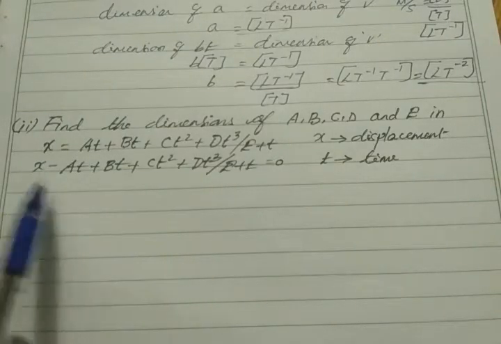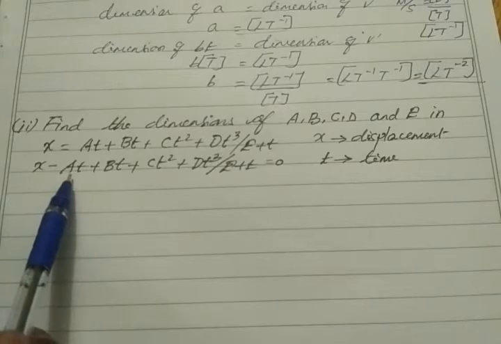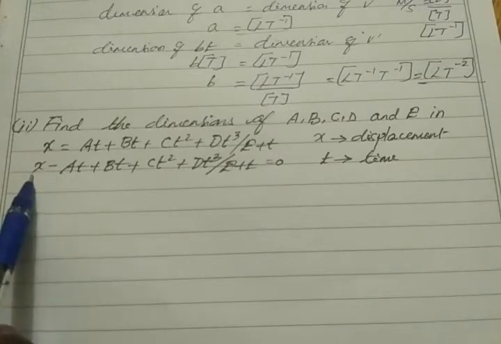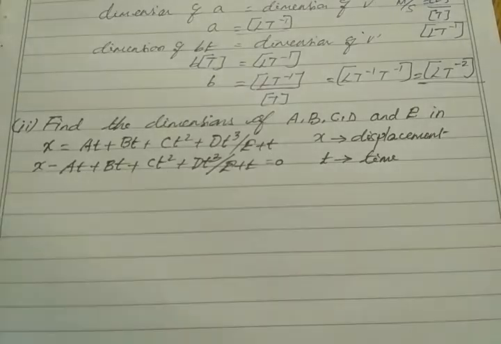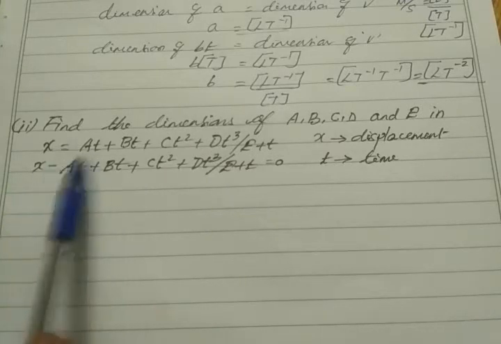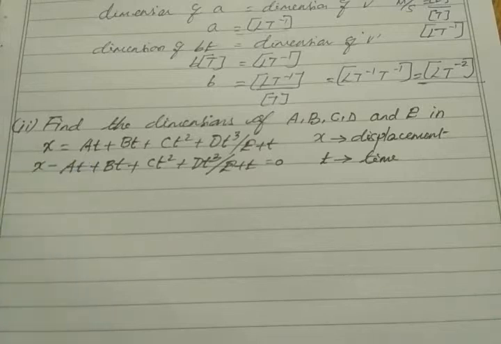So here the dimension of A will be equal to dimension of x, the dimension of BT equal to x, CT square equal to x, DT cube divided by E plus T equal to x.